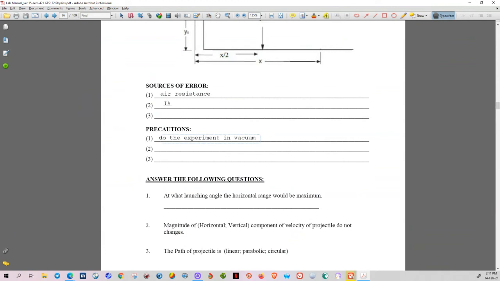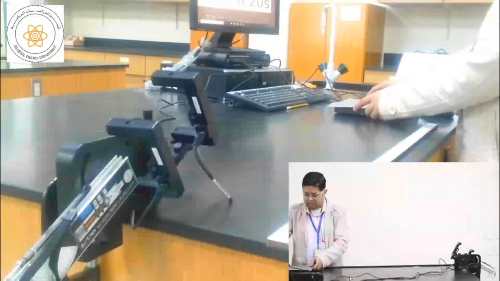What else is a source of error here? There is also friction inside the launcher. Let me show you the launcher. Inside this device where we place the ball, there is also friction. The ball will actually touch the barrel of the launcher, and this friction will also affect the projectile.